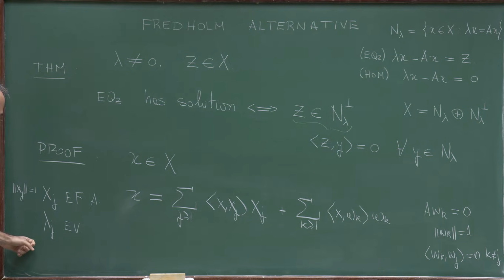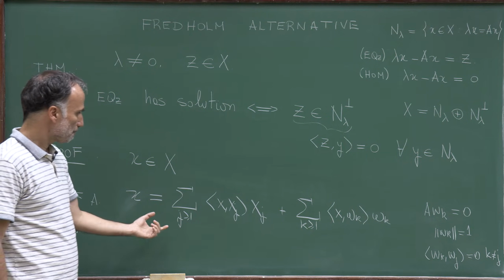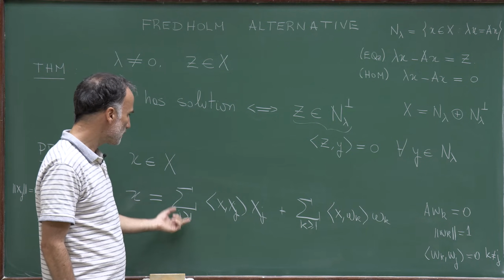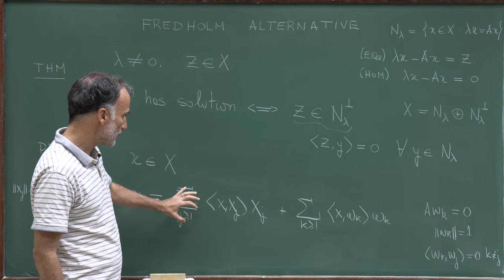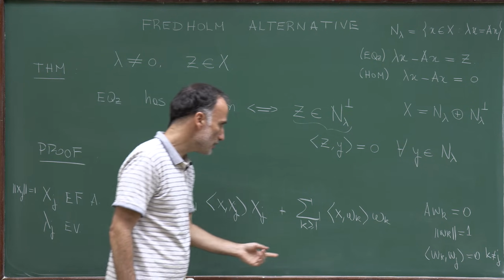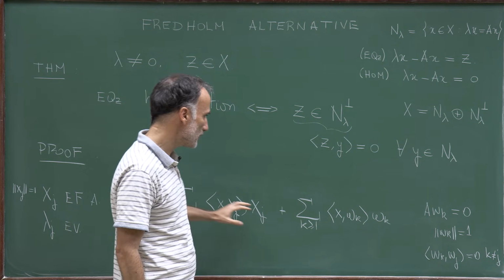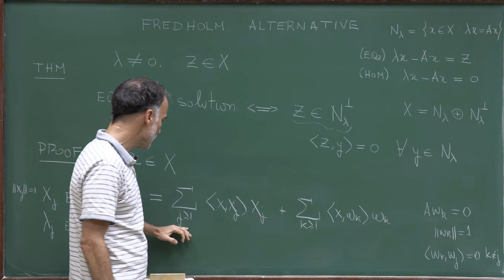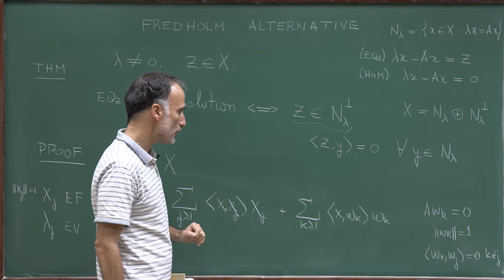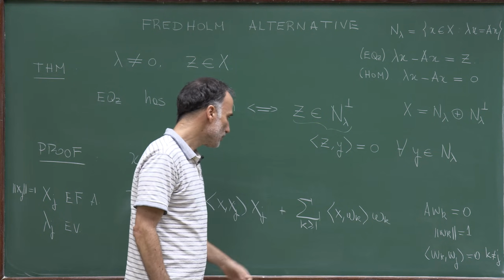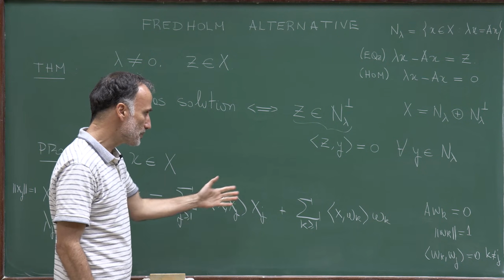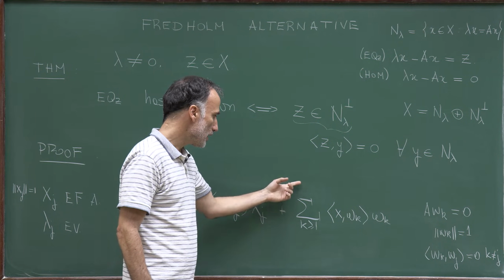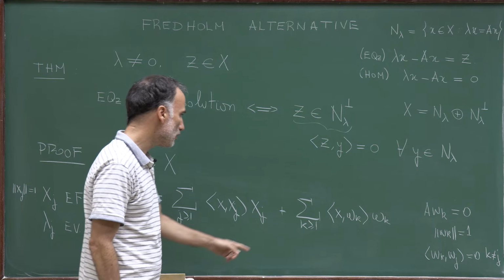Here are the properties of the xj's. I'm writing these sums as infinite sums, but they might be finite or they might be empty. So maybe this sum is empty and we have only wk's in our basis, or the other sum is empty and we only have xj's. We can have both. At least one of them is present, and each sum might be countably infinite or finite.